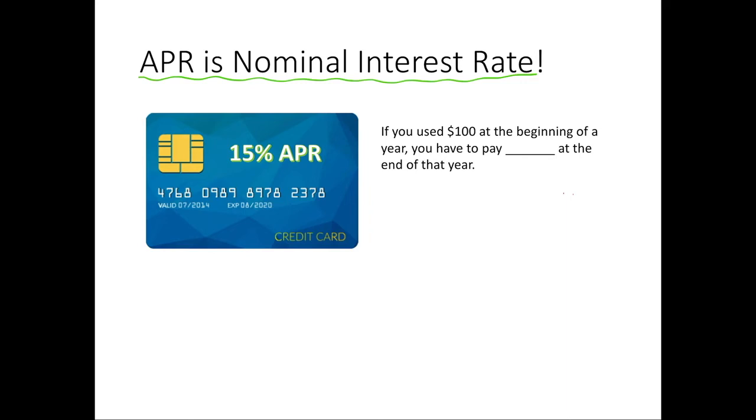If you have not learned this class, you will simply guess: I borrowed the 100 at the beginning, and the interest rate is 15% per year. So maybe in the end, I will pay them 100 plus 100 times 15%.